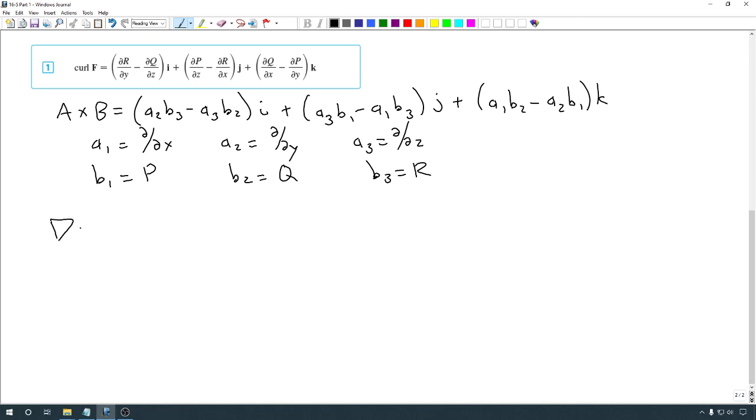We call that vector Nabla, or the book is actually referring to this as del. I like to avoid using del because sometimes that's used for other things. We've actually seen this Nabla before.